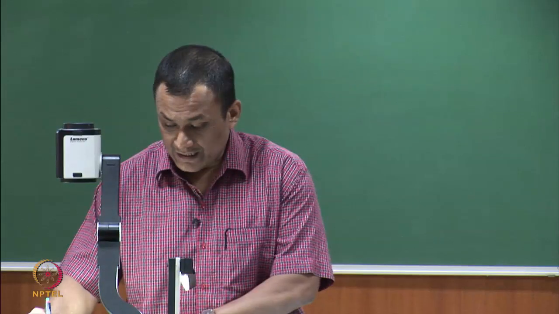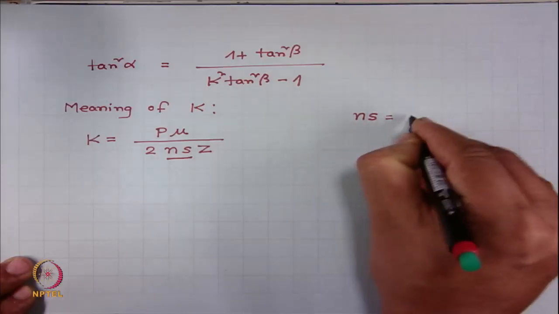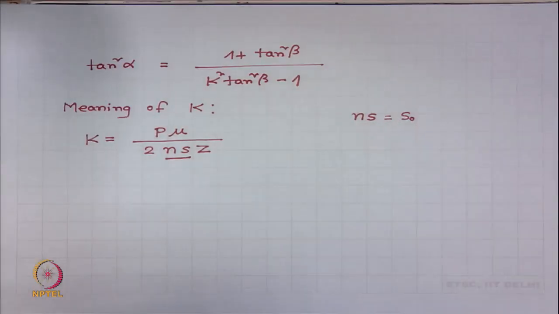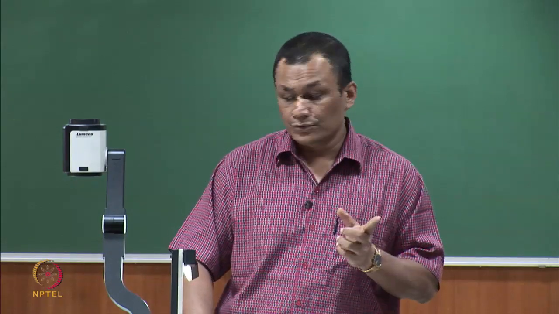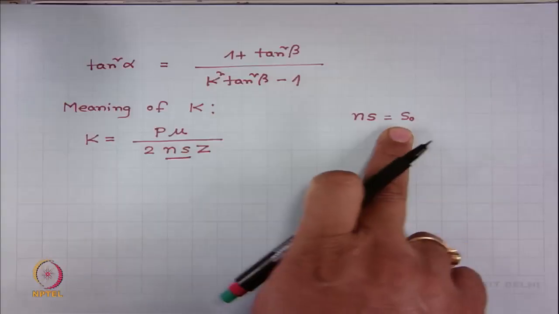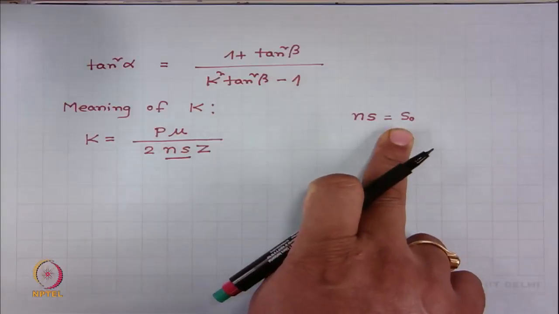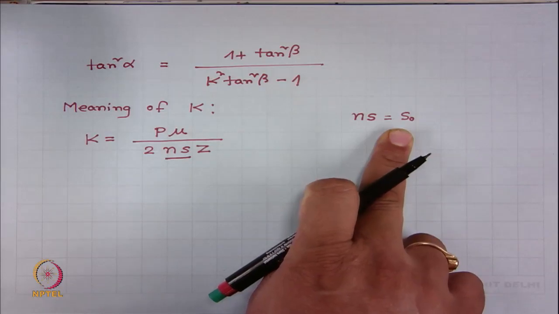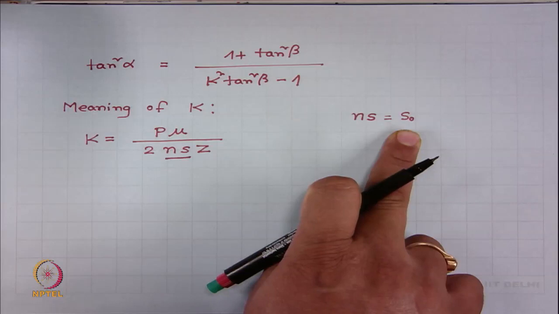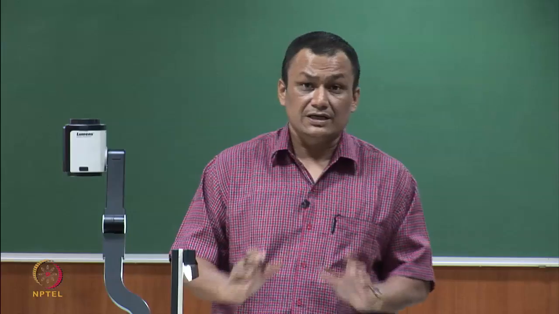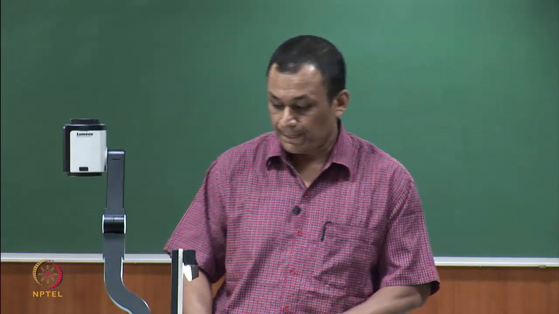So, this Ns we can write as substance cross sectional area of the non twisted fiber bundle. In module 2 we used capital S to denote substance cross sectional area. Here we use the same symbol with subscript 0 to denote the initial non twisted fiber bundle.